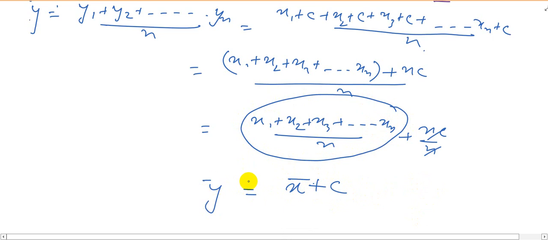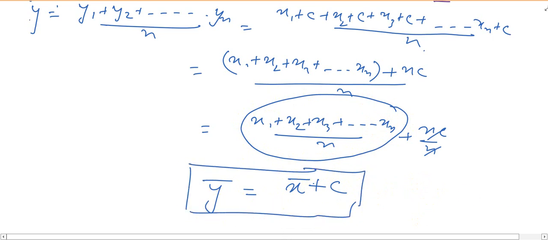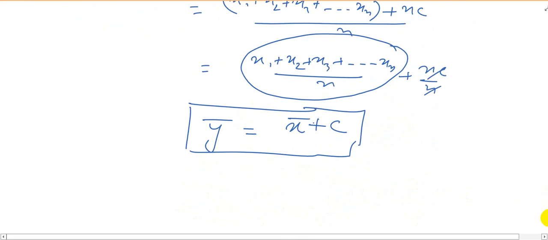So the value of y dash, that is the mean of the altered data set, if we alter it by adding c to all the data points, is the old mean plus the constant which has been added to all the values. This is an important point which we discussed. Similarly, if we follow this process, we can find what happens if we multiply by a constant.